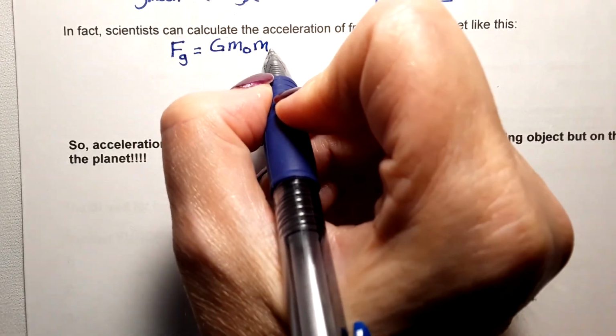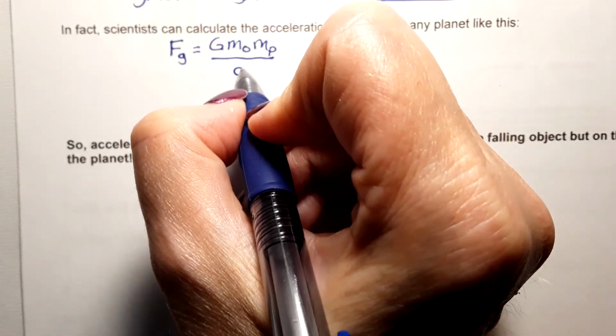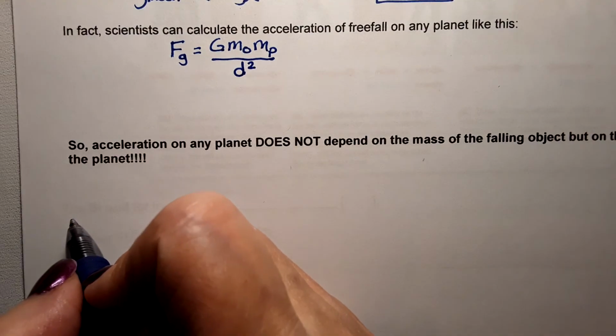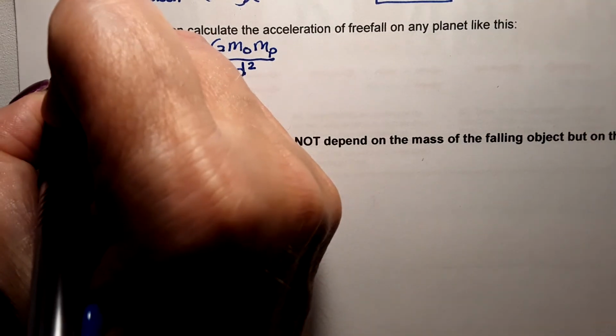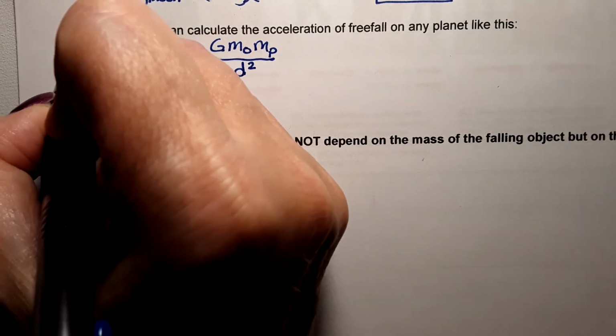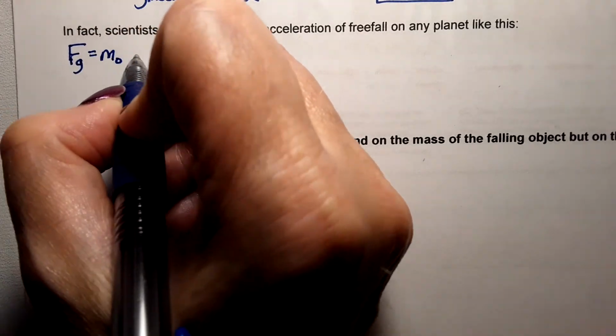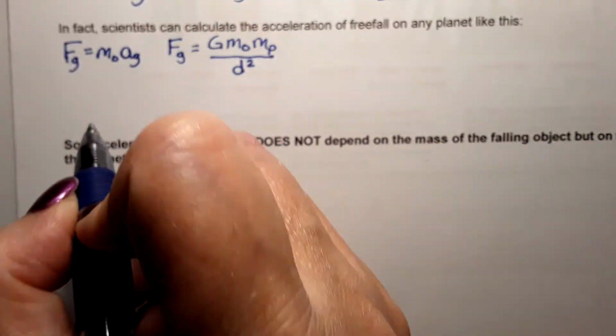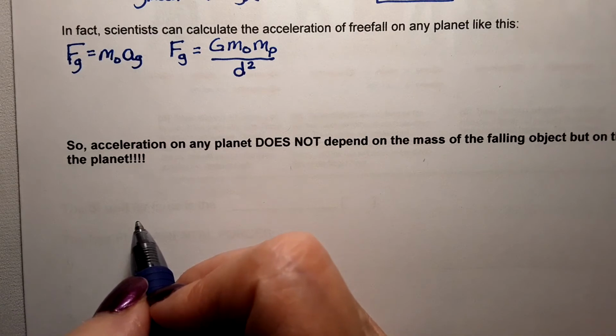Mass of the object, mass of the planet, divided by the distance between them squared. We can also use the shortcut. We can say the mass of the object times the acceleration due to gravity on that planet, right?